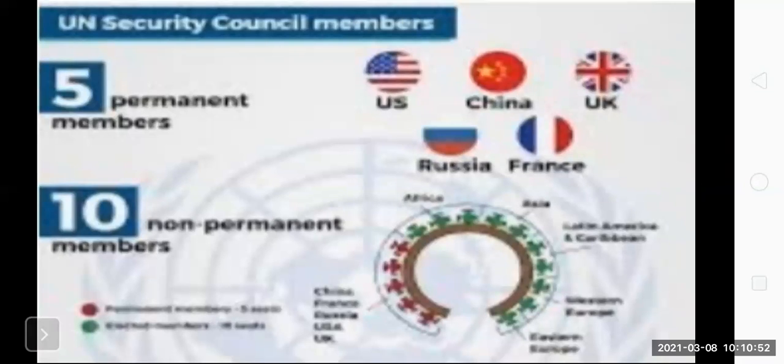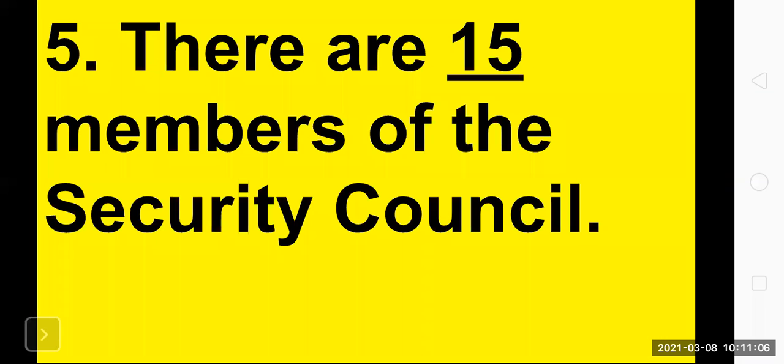Okay, and to pass any bill or any proposal, the permission of 5 permanent members and the permission of 4 non-permanent members are required. So 10 plus 5 becomes 15. So there are 15 members of the Security Council.